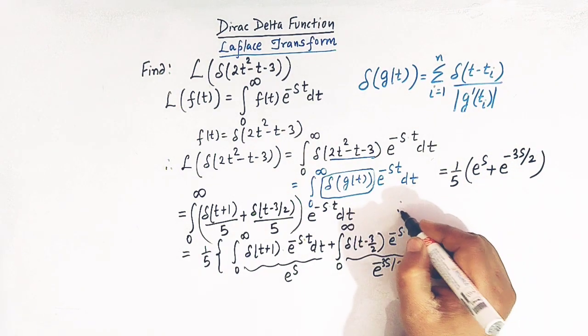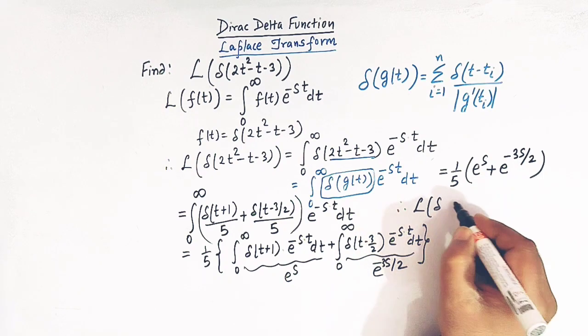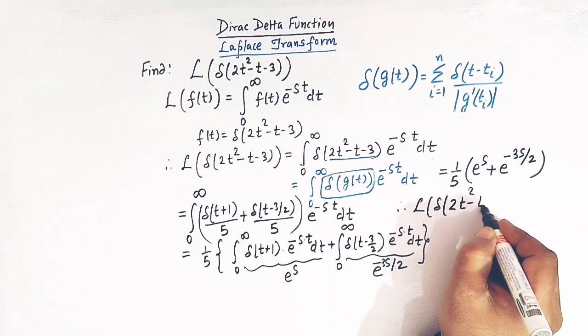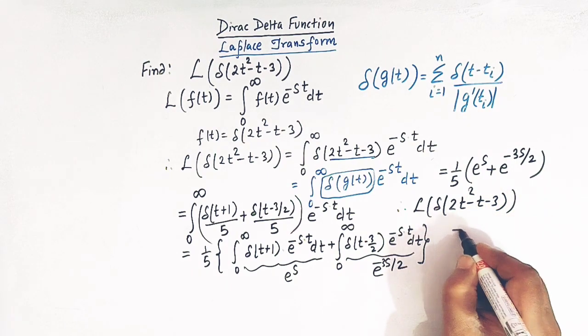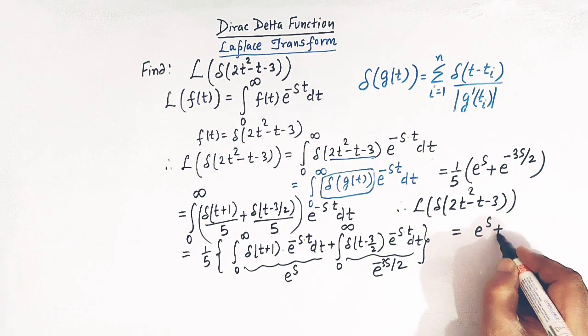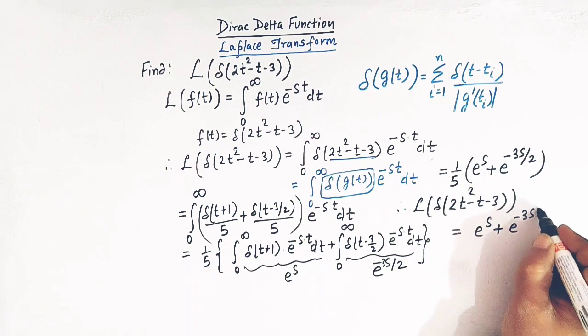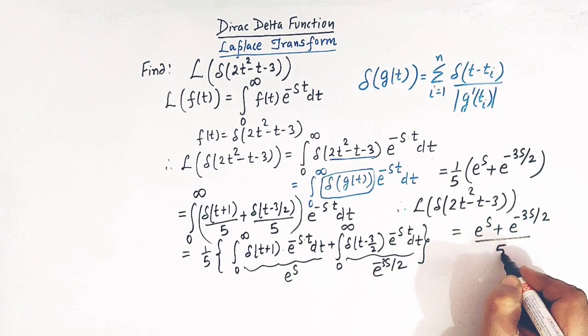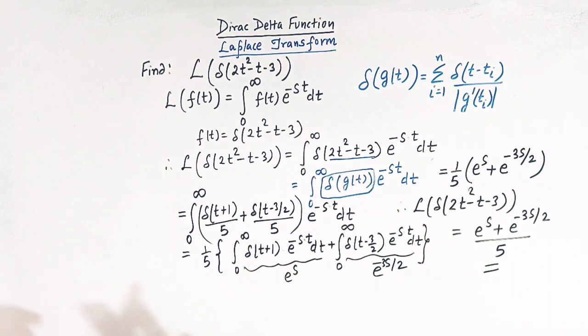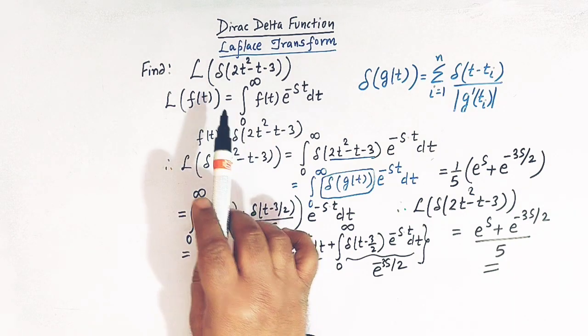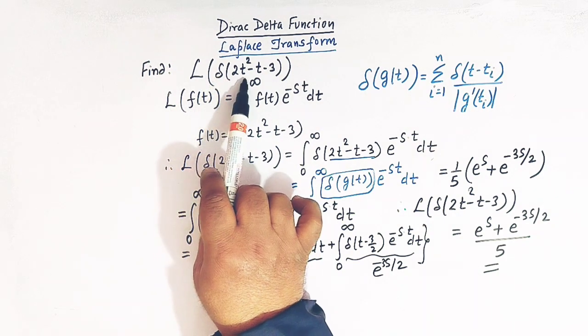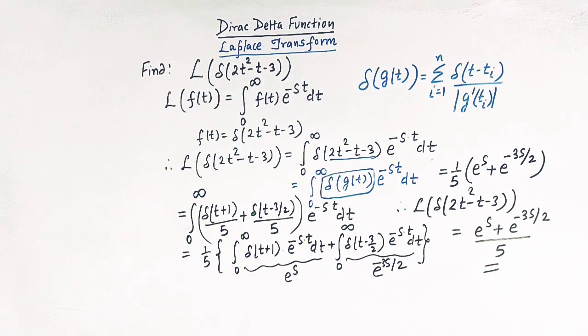So we can conclude that the Laplace transform of delta of 2t square minus t minus 3 is equal to e raised to s plus e raised to minus 3s over 2, divided by 5. So this is how, by making use of the concept of Dirac delta function and its various properties, we can find the Laplace transform of the Dirac delta function containing a quadratic polynomial.